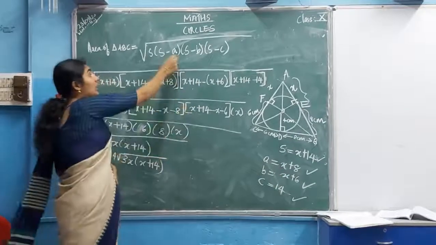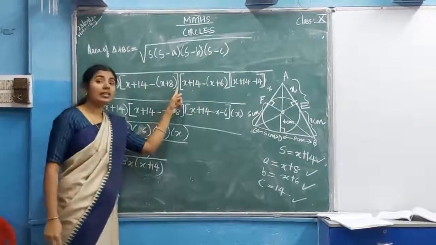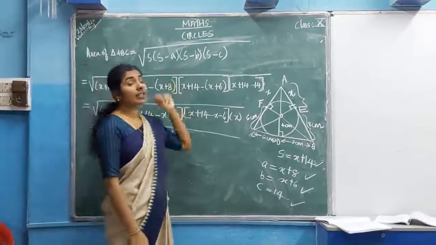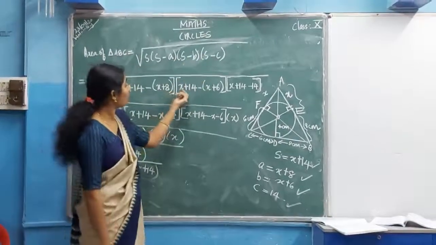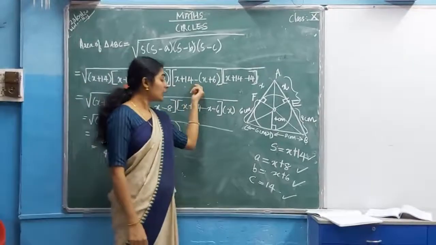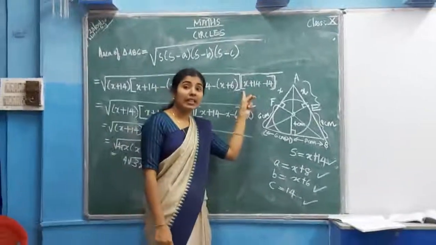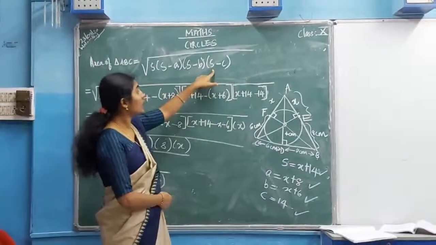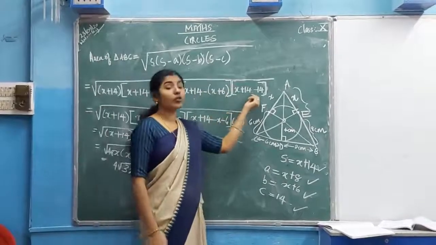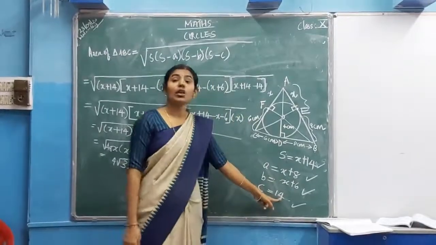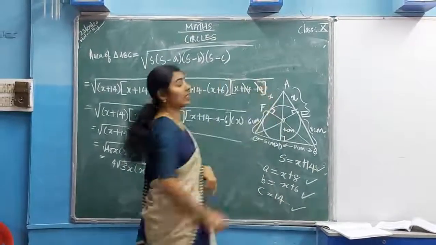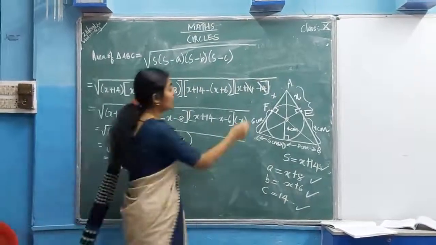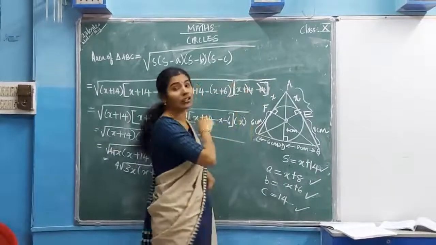See the next step, s minus b. That is x plus 14 minus of x plus 6. Now what is s minus c? x plus 14 minus 14. And here you see 14 minus 14. What is that? 0, isn't it? So 14 and minus 14 you can cancel.